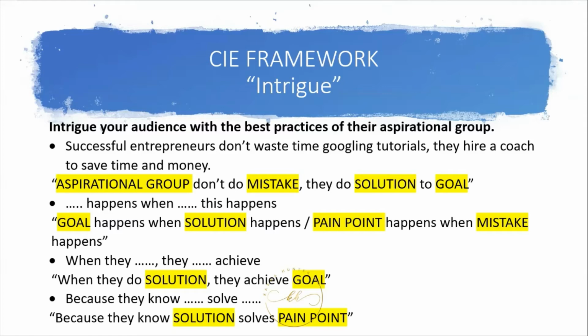Or you can do, when they do this, they do that. Again, when you do this solution, you're going to achieve your goal, whatever it is. And it can talk about, because they know the solution, they solve their pain point. So just think about those things.